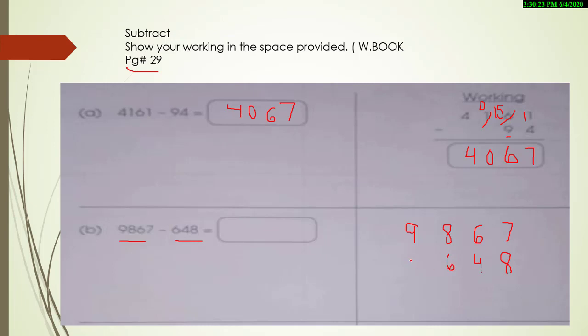Now use a scale, put the minus sign and draw a proper line with the help of the scale. Okay, now solve the question. It's written over here in a complete question form. 7 minus 4, is it more on the top or more on the floor? It's more on the floor. So what are we going to do? Go next door.